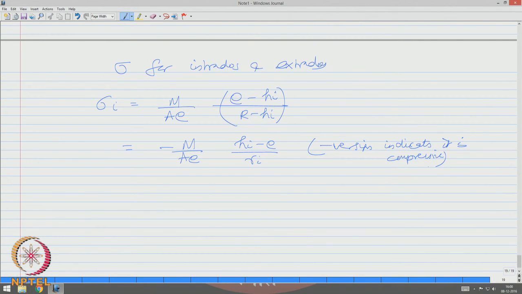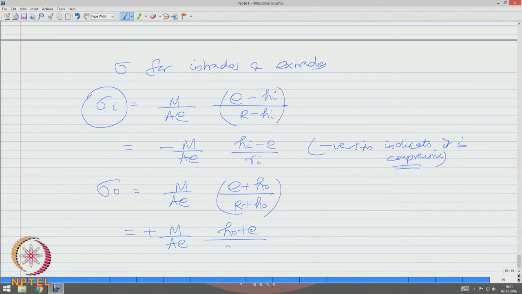We also said at intrados the stress will be compressive. For the extrados, it is m by A E, plus h o by R plus h o, which will be plus m by A h o plus E by R o. Positive sign indicates the stress is tensile.